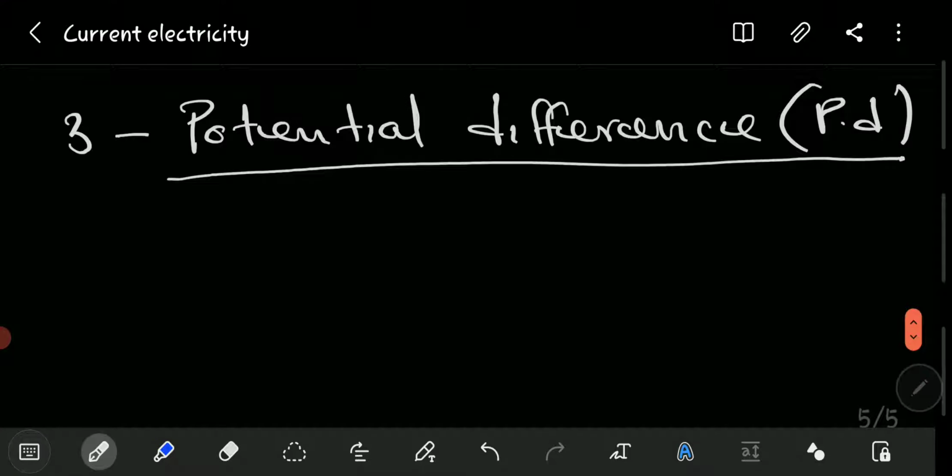So, what is potential difference? Potential difference is the work done in moving 1 coulomb of charge across a circuit component. So, this is the work done.